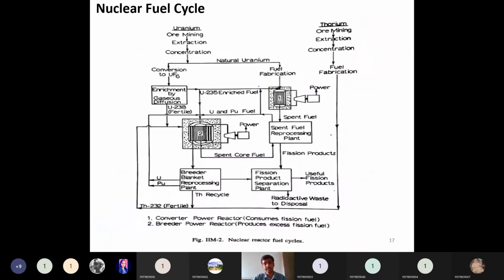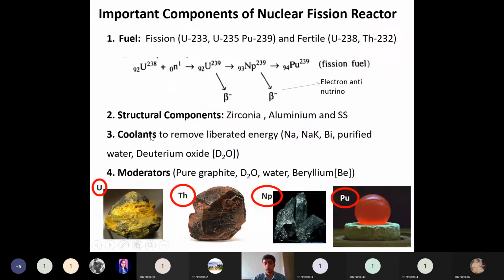So the next component is the coolants. We have to cool the reactor all the time, otherwise the reactor will blast. After the nuclear reaction, a huge amount of energy will be released. So coolants like sodium-potassium alloy, bismuth, and purified water can be used, and deuterium oxide can be used, in order to cool the reaction inside the reactor.